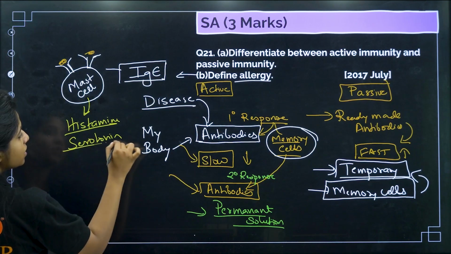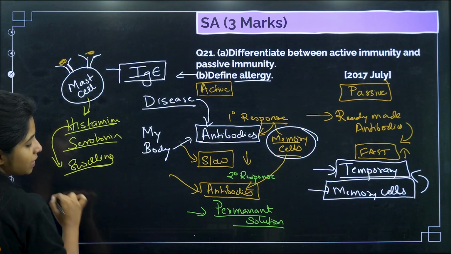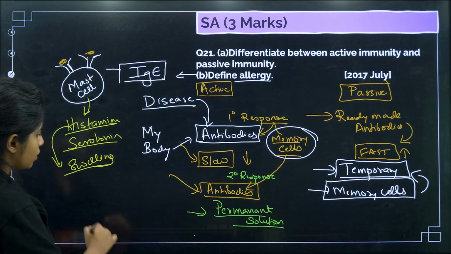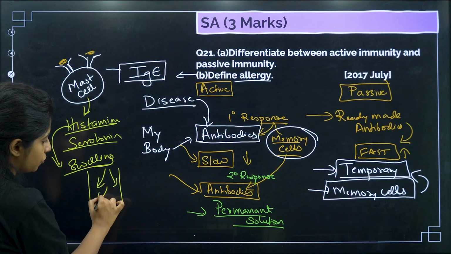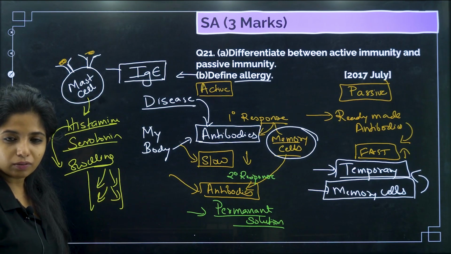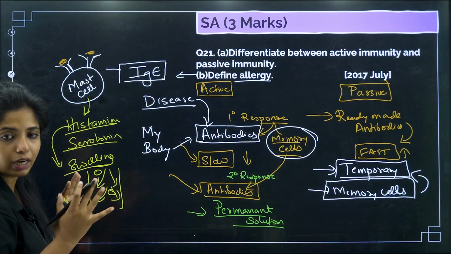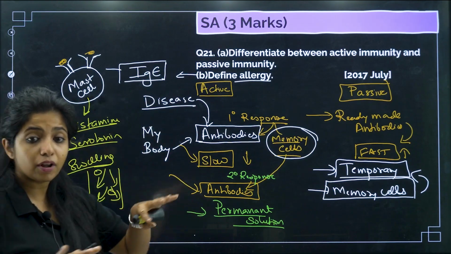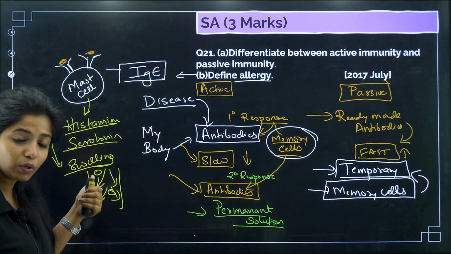Now histamine will be leading to swelling. Why? Because swelling means vasodilation. Your blood vessels are dilated so that many cells can come over here, and if other cells are also coming, they will try to save us. That is the use of vasodilating. You are making way for other cells to come and save. So over here, histamine and serotonin are doing their job.